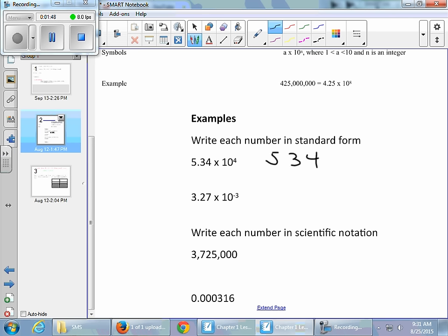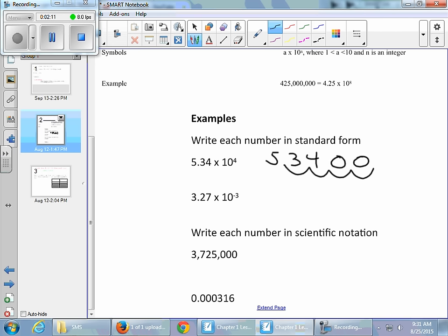Put your pencil on where the decimal is, and we're going to move it 4 spots. It's a positive 4, so we're going to go 4 spots to the right: 1, 2, 3, 4. Where we have our little dips where there are no numbers, we're just going to fill in with zeros. And there's our number.